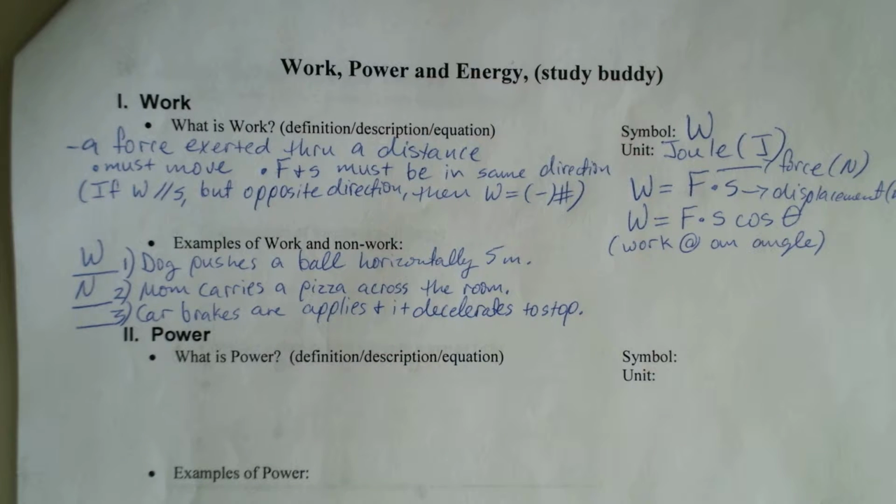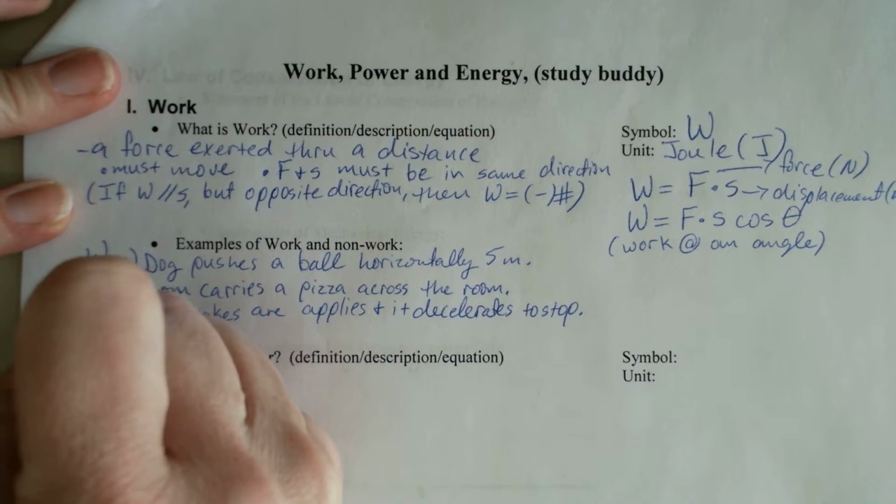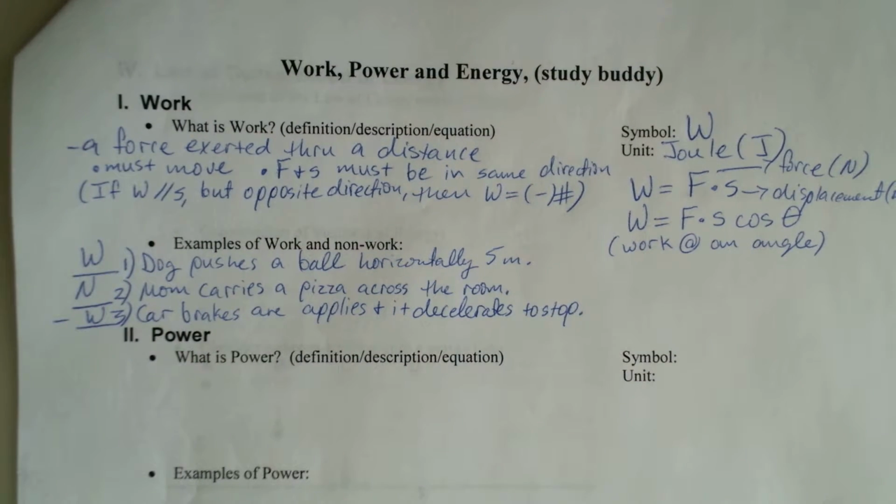So if your displacement and your force are in the same plane but opposite directions, is that work? Yes, it's still work, but what kind of work would it be? Negative. Car brakes are just like friction. Friction is negative work.